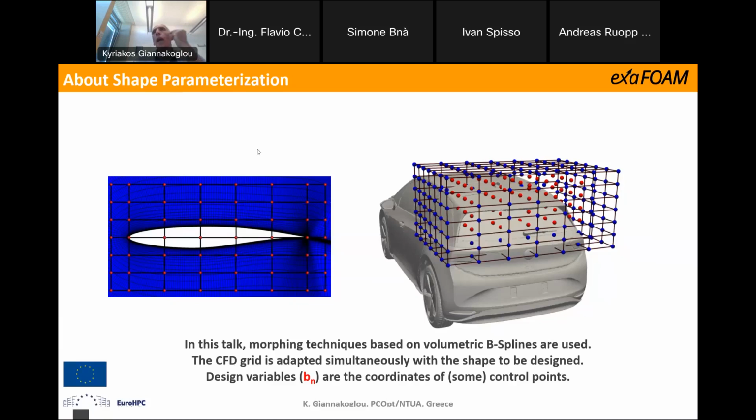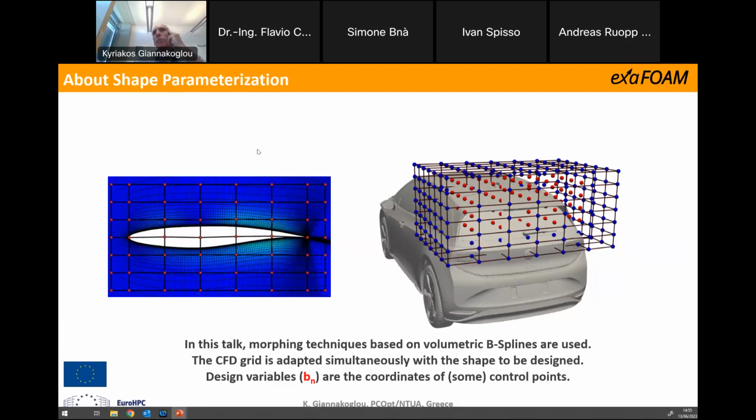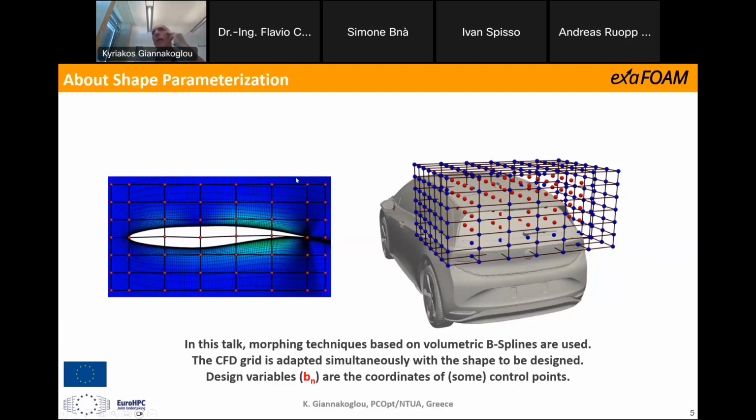So, about parameterization. What is parameterization? I'm trying to explain a couple of things for those who are not familiar with them. There are plenty of different ways to perform a parameterization. For instance, here we are using morphing techniques based on volumetric B-splines, which practically means that we are using a lattice.